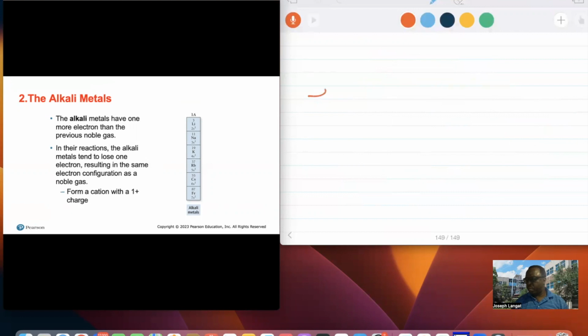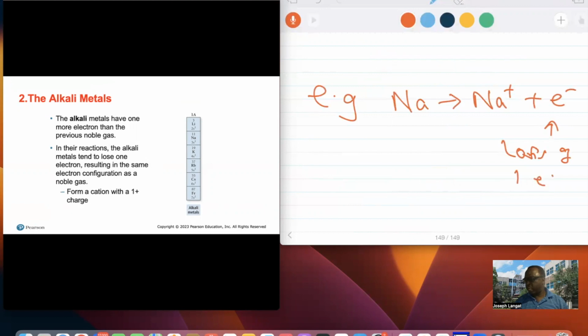For example, sodium, which is a neutral atom, will lose 1 electron in the outermost shell to form a cation. It follows the same thing for all the rest of the group 1 metals except for hydrogen. They lose 1 electron, remaining with 8 electrons in the outermost shell, which is the same as group 8.